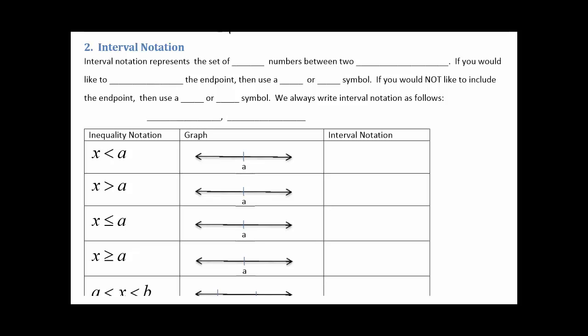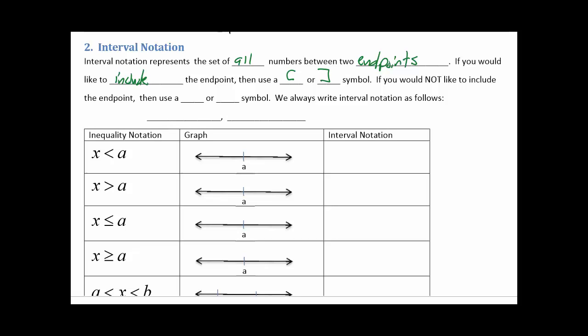All right, interval notation represents the set of all numbers between two endpoints. In other words, it allows us to express a range of things. So if we would like to include the endpoint, then we use a bracket symbol.